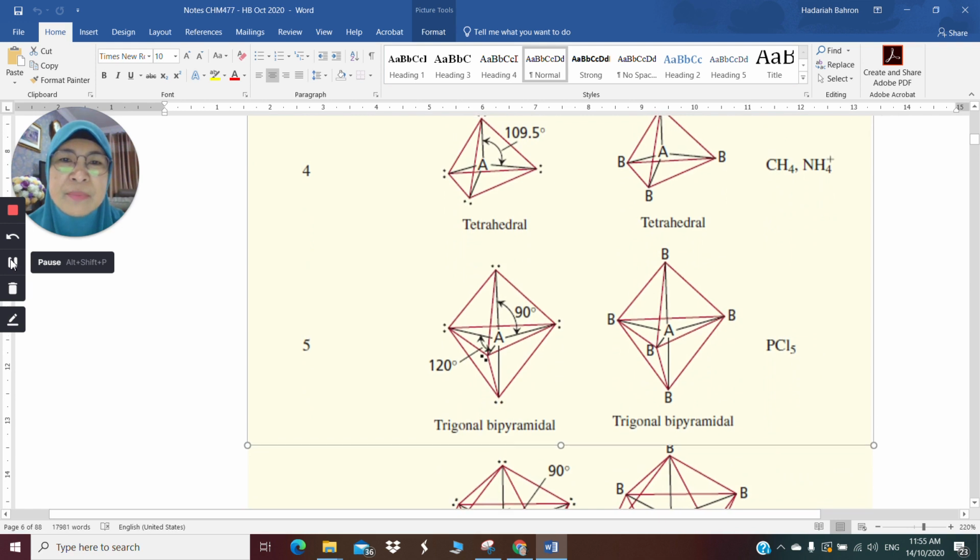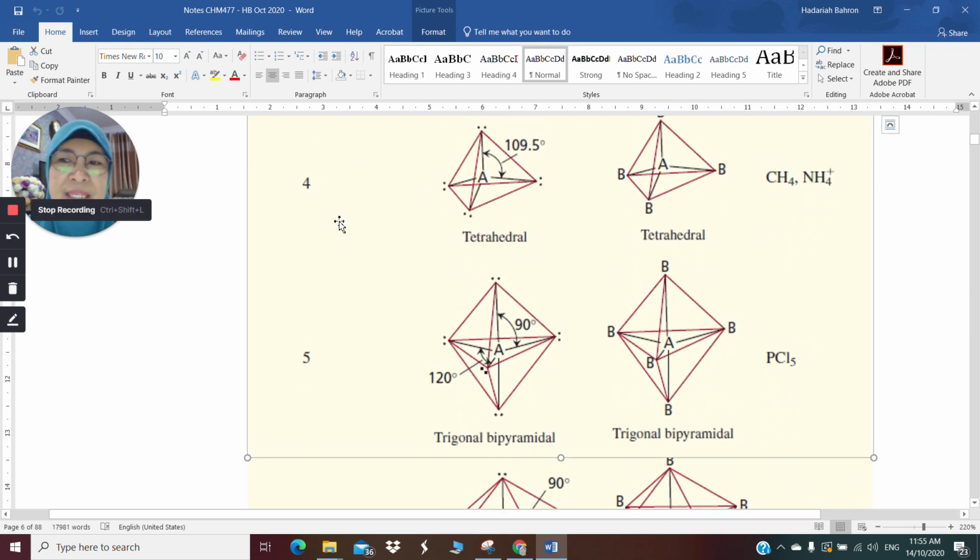Now progressing on, if you have four bonding pairs here, the four pairs of electrons will repel one another in space, and the geometry that is going to be achieved is called tetrahedral. Tetrahedral is when the angle between one bonding pair and another bonding pair is 109.5 degrees.